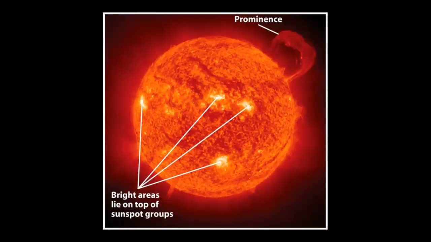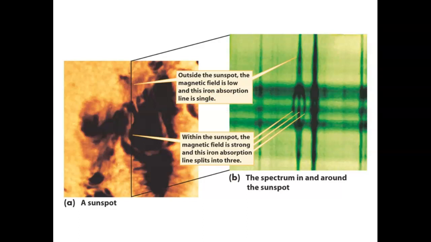But I just want to look at a few more things that relate to the magnetic field with the sunspots. If we look at our image on the left here, this is another picture of a sunspot. The picture on the right is showing a magnetic spectrum and showing you the iron absorption lines related to the magnetic field that's on top of that, or I guess below that sunspot.